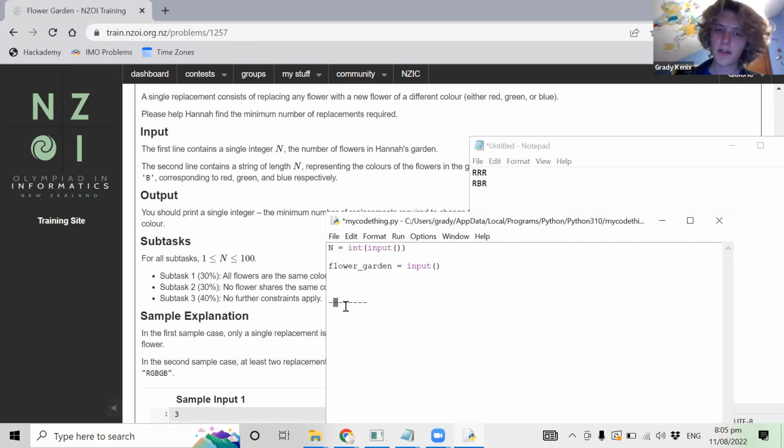If the color that we see is the same as the indicator variable, we change it, and we add 1 to the number of changes that we had to do. Because we could change it to anything we want, it doesn't actually matter what the next thing is. So the color we change it to will be like X or something, not a real color. Because the colors are RGB, we're going to make it like X. So with all that in our ideas, let's make our indicator. It's going to be called previous flower equals, and right now it's going to be the first flower.